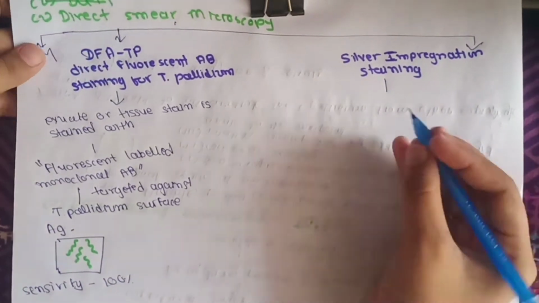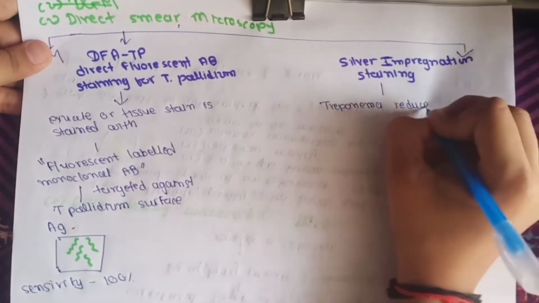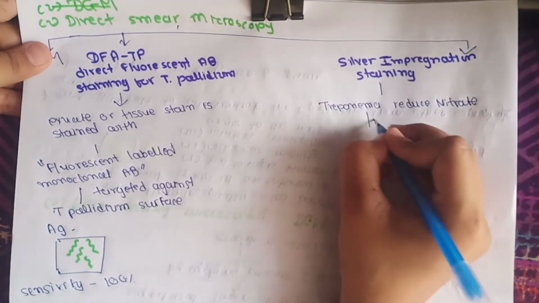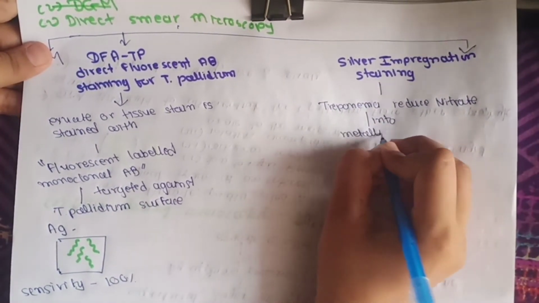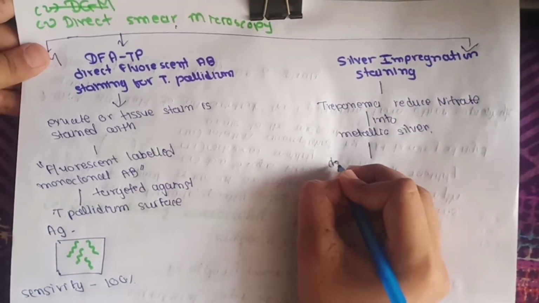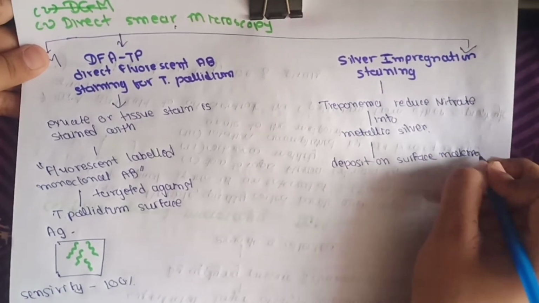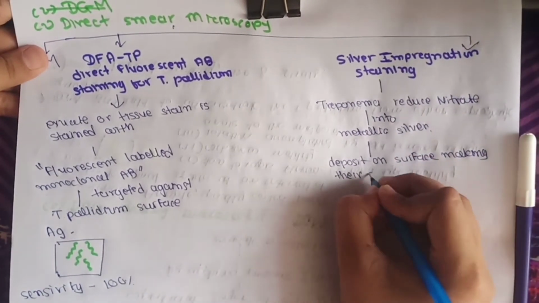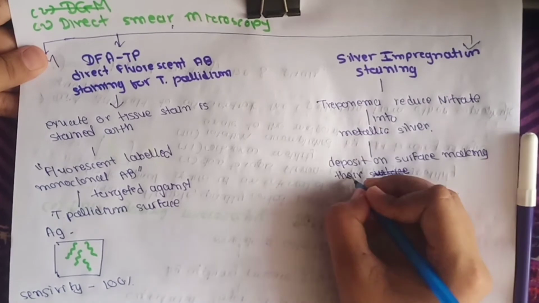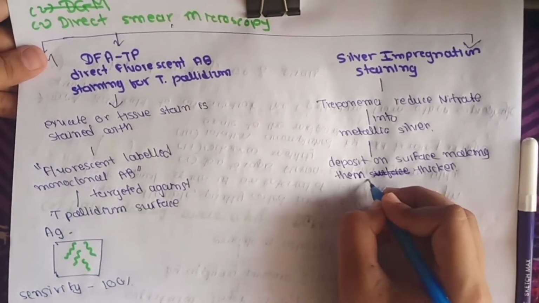Now the silver impregnation staining is used to increase the thickness of the Treponema pallidum. Treponema will reduce nitrate into metallic silver and this will deposit on the surface, making them thicker. Now they can take up the stain. Now which stain are they taking?